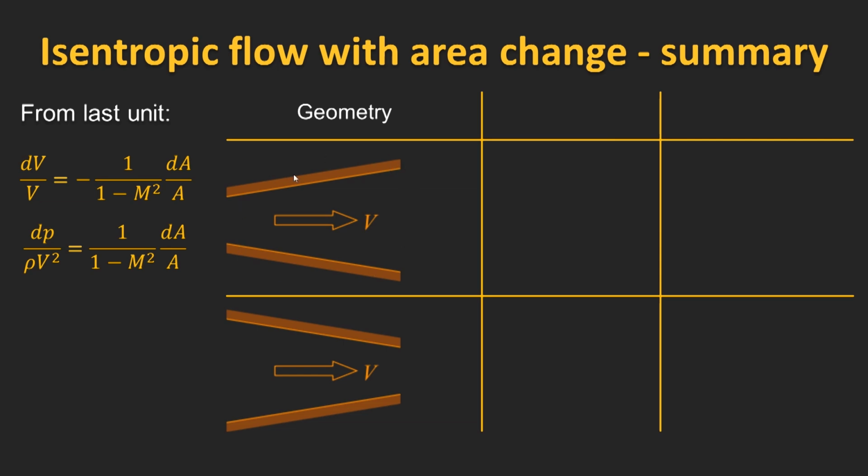First, about the diverging geometry when we have subsonic flow. So for subsonic flow, this term which is appearing in the denominators, 1 minus M squared, if the Mach number is less than 1, then this is going to be a positive quantity, so greater than 0. So if we're looking at the diverging case, where dA is greater than 0, the fact that this is positive means that the change in velocity, due to this negative sign, is going to have the opposite sign of the change in area.